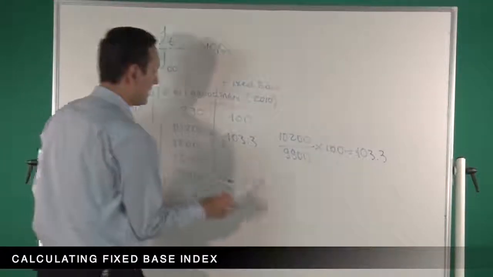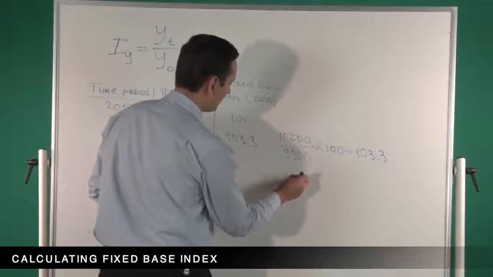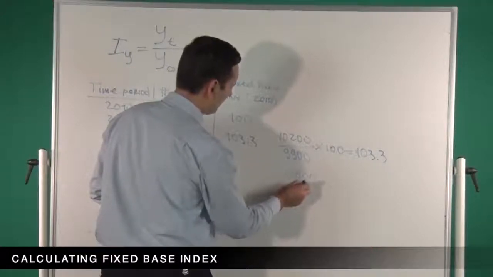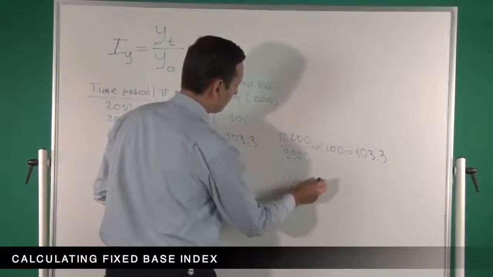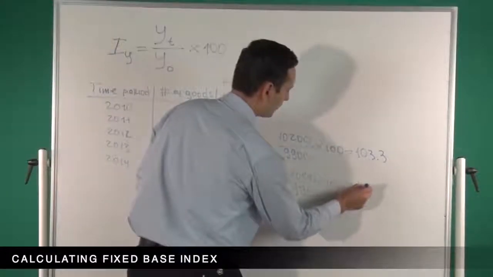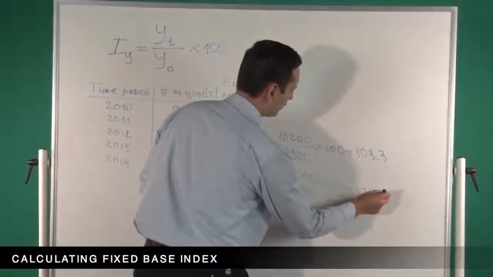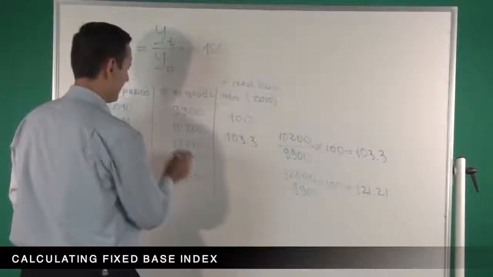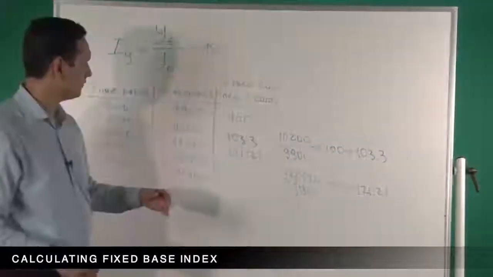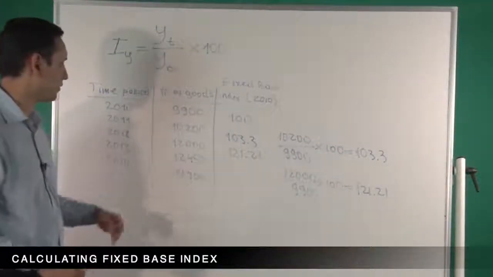So basically 12,000 divided by, again, 9,900 multiplied by 100. And we're going to get 121.21. And for the rest of the years, we do the same.